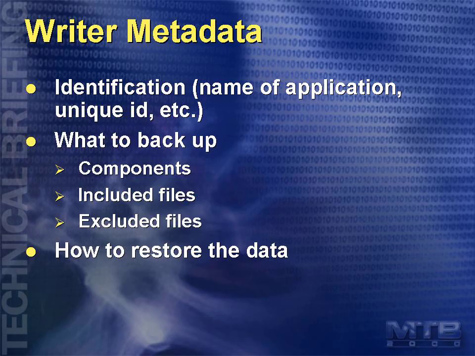So they can list the files that they want excluded from a backup, temporary files or cache files or things that are going to be rebuilt. And so we'll be able to get a much greater fidelity in terms of what's being backed up. And also there's an opportunity to say how to restore the data. We have a lot of different methods of restoring the data. Perhaps you just want to put the data back. But maybe that's not right.